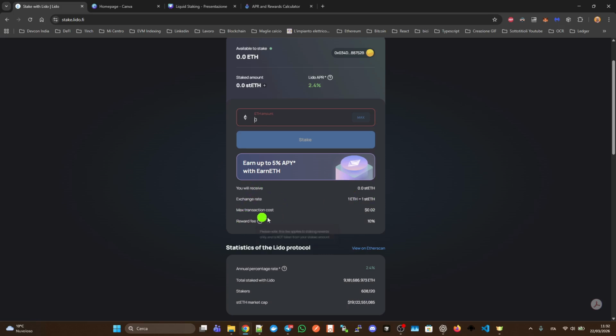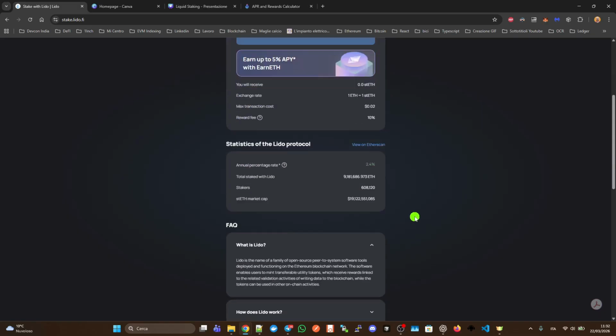Here the transaction cost, this is misleading. This is not the whole transaction, but only of the protocol, and this is the reward fee. This fee applies, as it says, to staking rewards only, and is not taken from your staked amount. So this is the protocol fee that we were talking about.